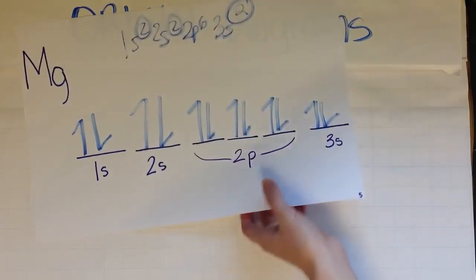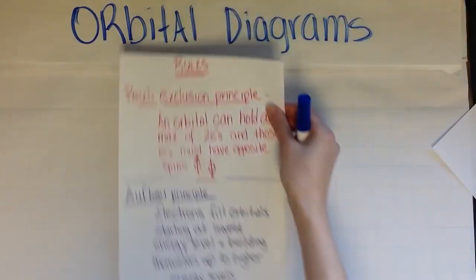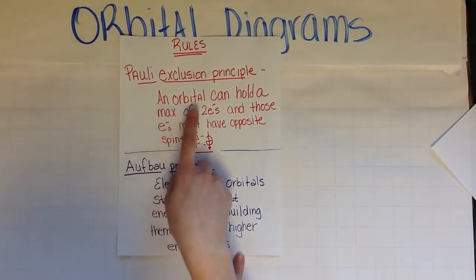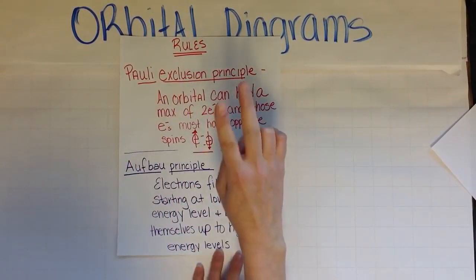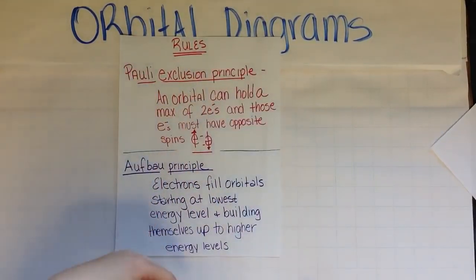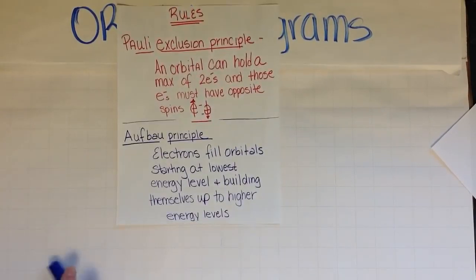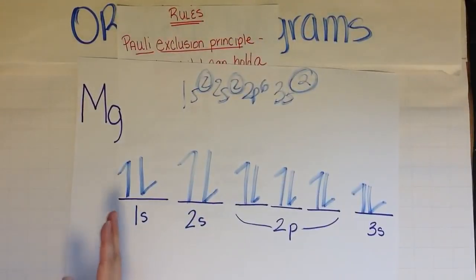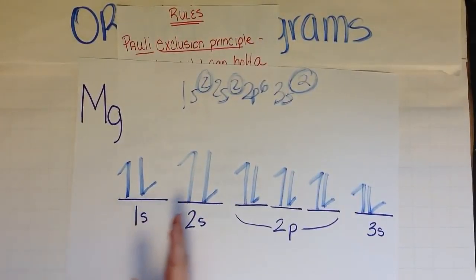Okay, so these rules I was talking about actually have names. The rule that talks about orbitals holding up to 2 electrons and spinning in opposite directions is called the Pauli exclusion rule. And the rule about starting at your lowest energy level and then going from there is called the Aufbau. What I mean by that is you have to fill the first energy level before you can move on to the second.